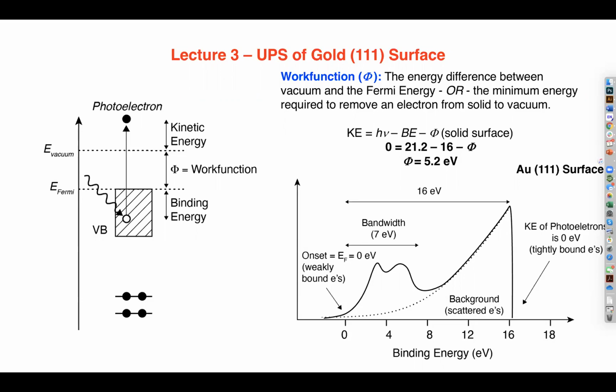And you measure the width from the onset, which is the Fermi energy, all the way down to this cutoff, that 16 eV wide collection of photoelectrons, when subtracted from the photon energy, gives you the minimum payment that you must make to escape the crystal, which is equal to the work function of the material.